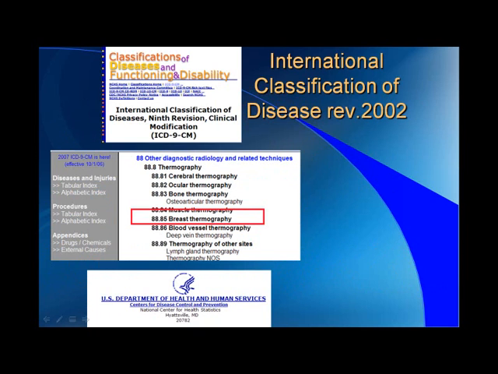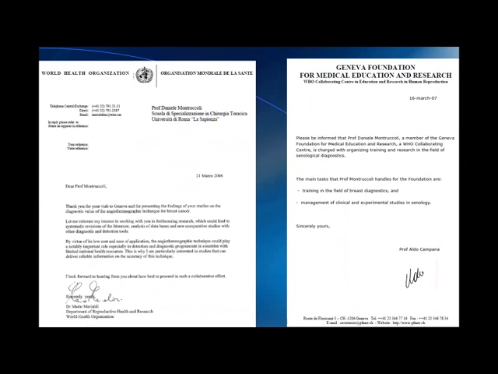It is just put into the International Classification of Disease, the revision of 2002, with the number 88.85. So you can use this technique without problem in all the hospitals worldwide, and it is reimbursed from the assurance and National Security Social.